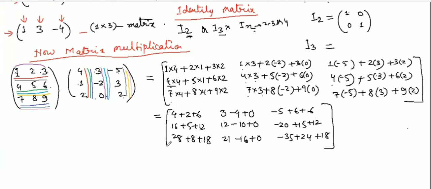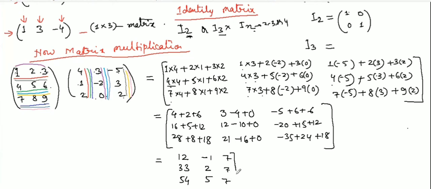We are nearly there. Now adding it up, the result is: first row 12, 1, 7; second row 33, 2, 7; third row 54, 5, 7.